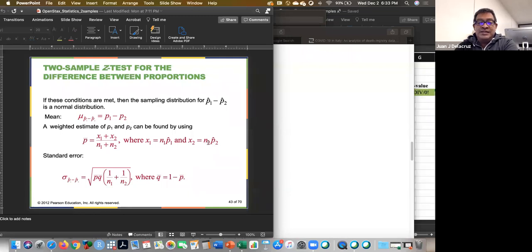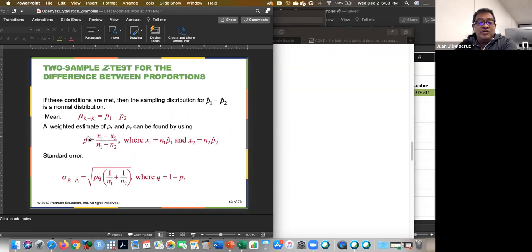Sounds like a tongue twister. In order to find this x, first we have to solve this, and then we divide by the sum of the two different samples. These values are going to be helpful because I need the weighted estimate of P1 and P2.